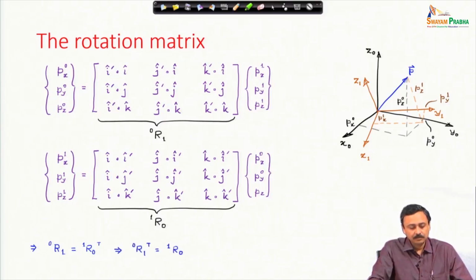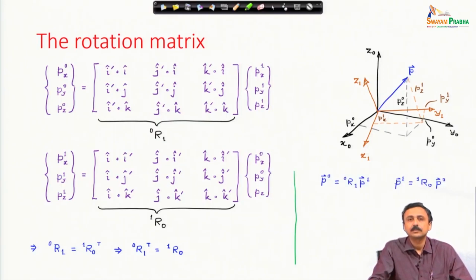And if you take transpose of both sides of this equation, it will tell you that transpose of the matrix from 1 to 0 is equal to the matrix from 0 to 1. What is the consequence of this? To see the consequence, a very interesting consequence, I have written these transformations, once from 1 to 0, other from 0 to 1.